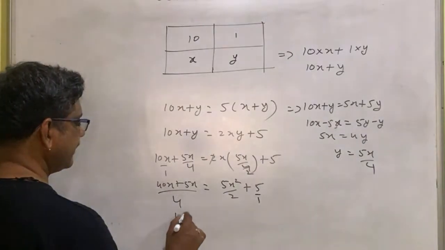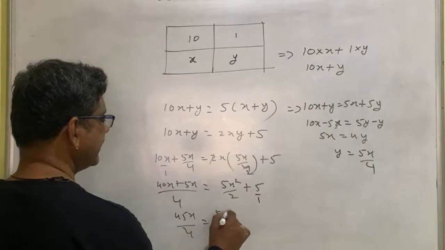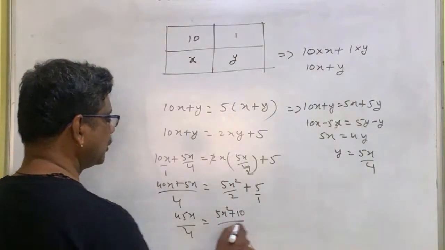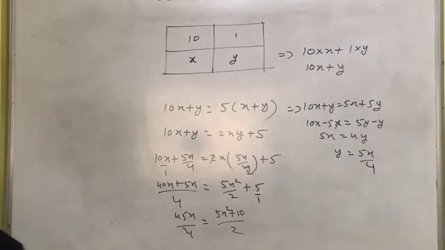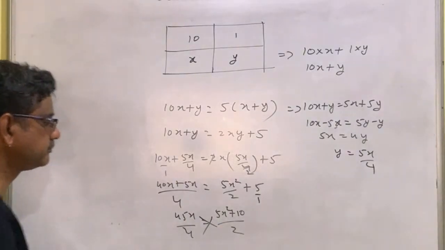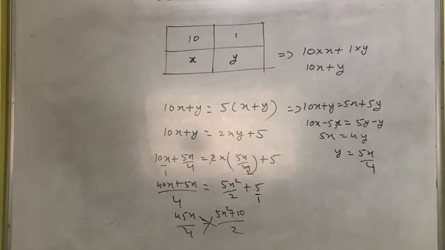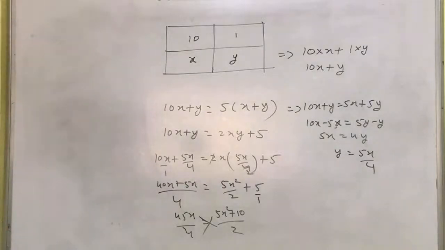So 45x by 4 is equal to 5x square plus 10 by 2. Do cross multiply and simplify. Tell me the x value, children. Yeah, do cross multiply. Simplify and tell me x value.